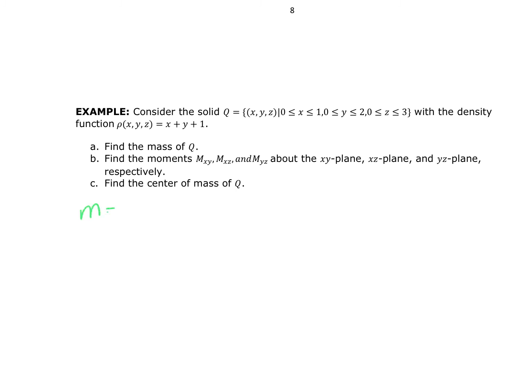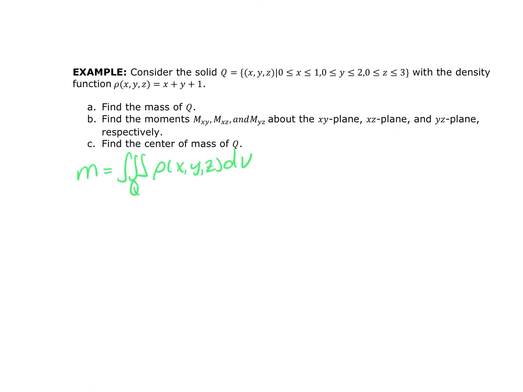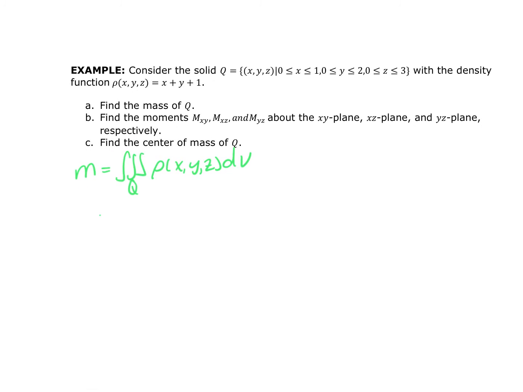The mass is going to be the integration over my region Q of my rho function x, y, and z dV. So this is going to be equal to, let's do x last, from 0 to 1. And then we'll do y next from 0 to 2.